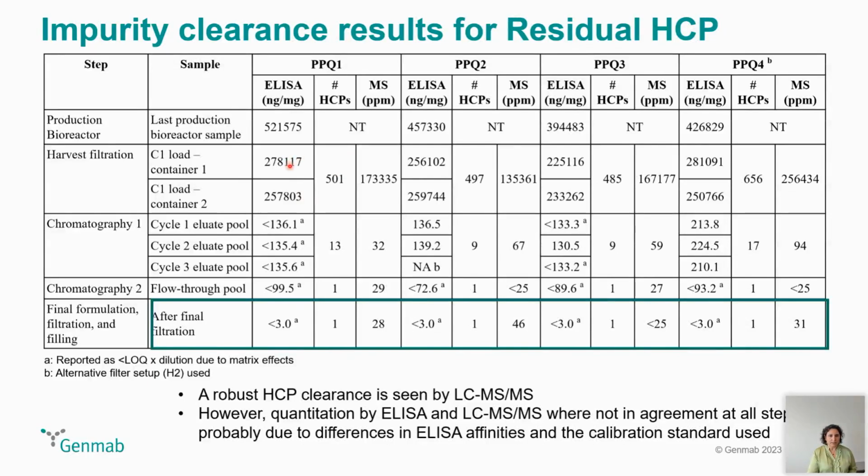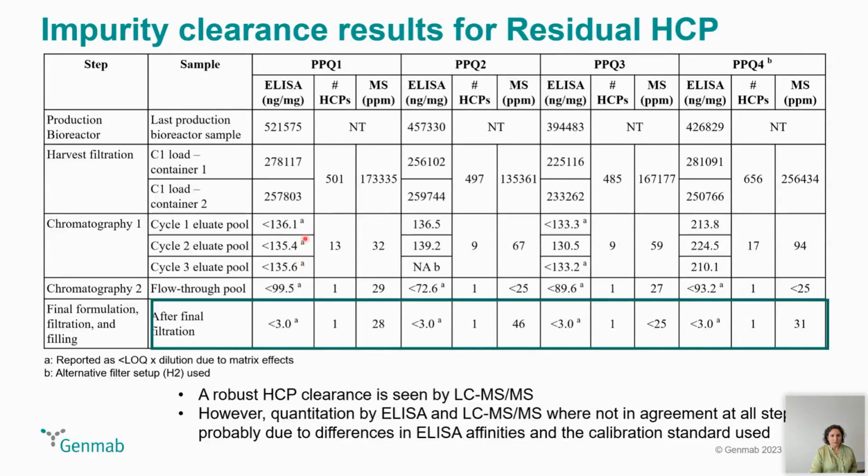But one thing we can see, looking at the number of HCPs and also the ppm by LC-MS, is that we have a robust clearance through all 4 PPQ batches, resulting in only 1 protein left in the drug substance.